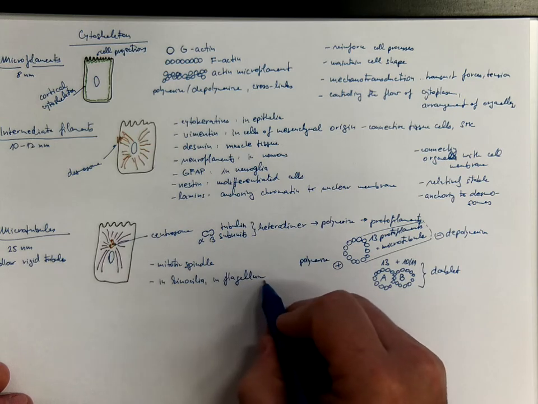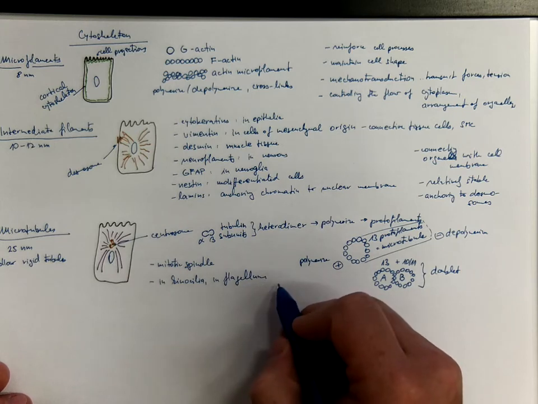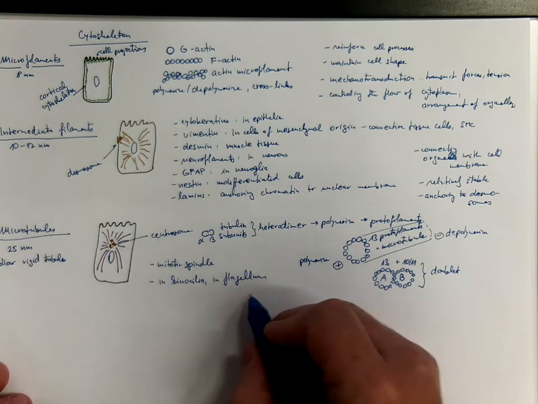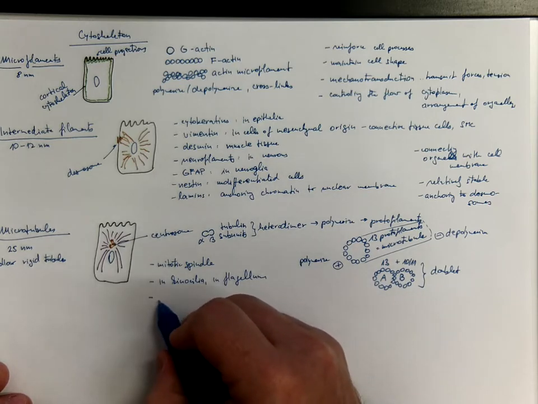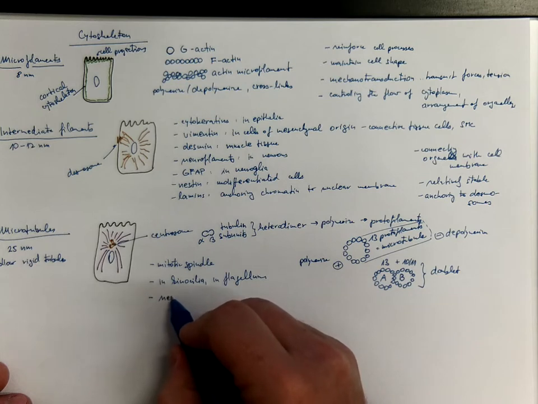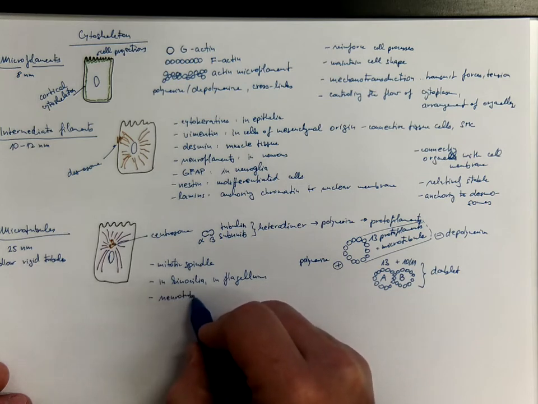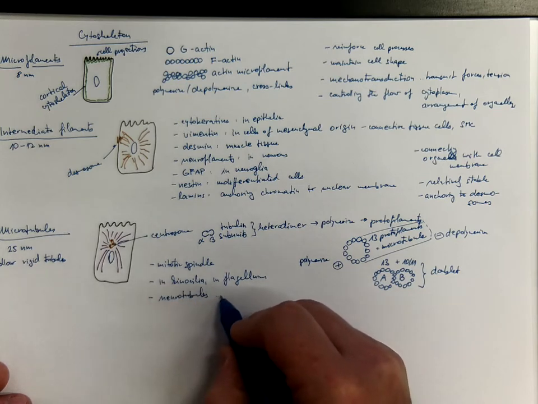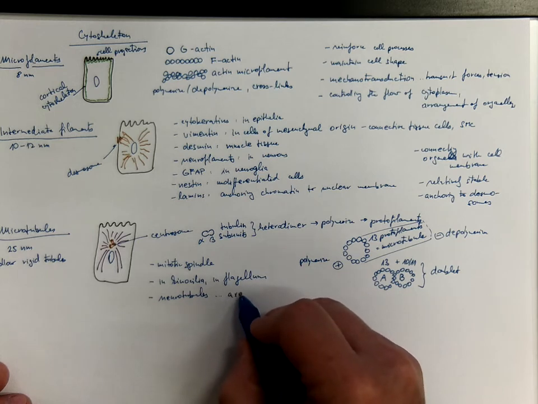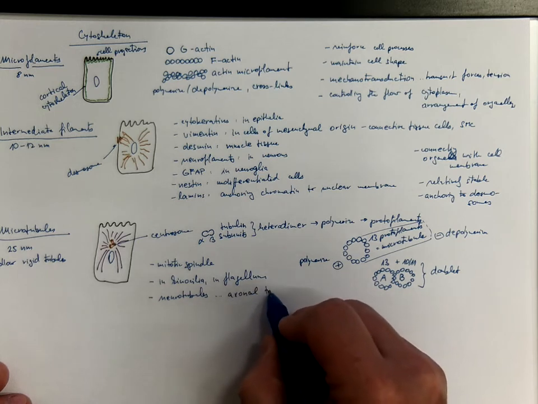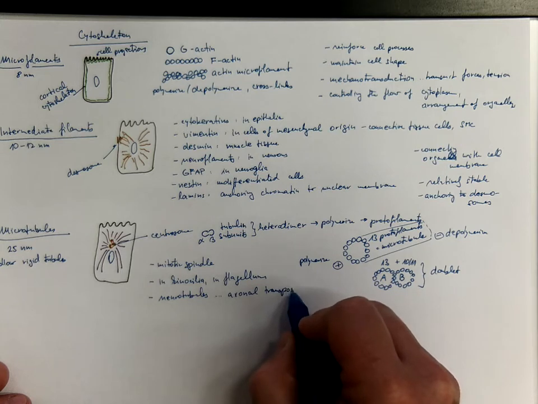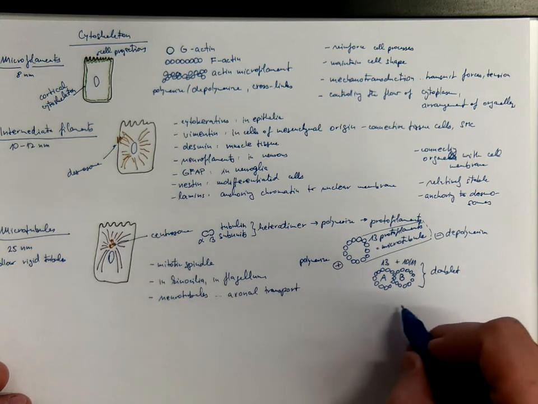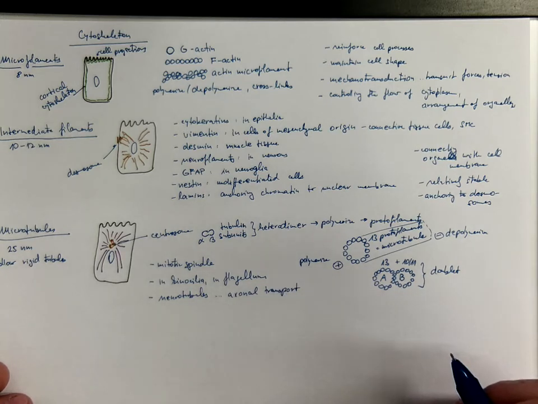A flagellum is responsible for sperm motility. In neurons, they are called neurotubules, and they are responsible for axonal transport, which runs even through the very long processes of neurons.